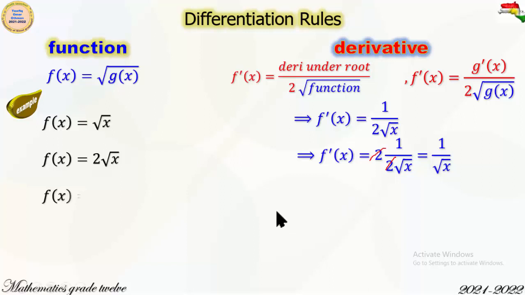F of x is equal to square root of 5x. We have two ways to find the derivative of this function. First one, we can split the square root, writing it as square root of 5 times square root of x.